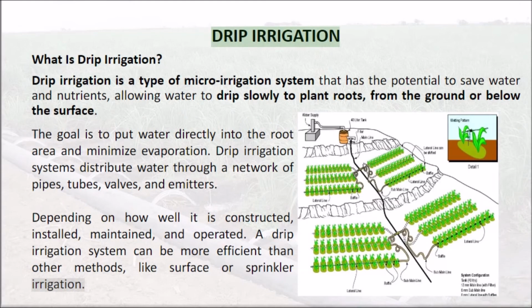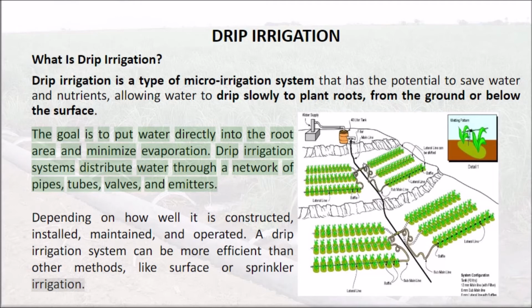Drip irrigation. What is drip irrigation? Drip irrigation is a type of micro-irrigation system that has the potential to save water and nutrients, allowing water to drip slowly to plant roots, from the ground or below the surface. The goal is to put water directly into the root area and minimize evaporation.